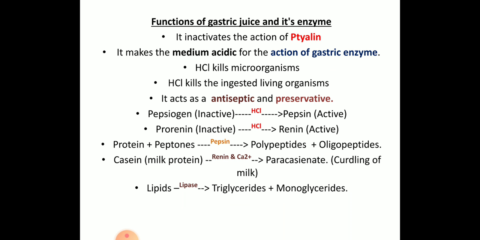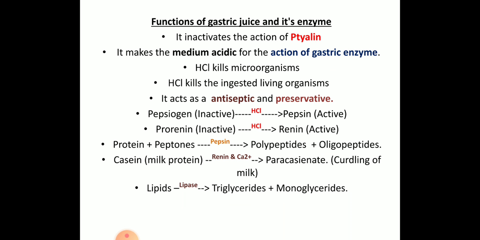For example, pepsinogen is an inactive form which will be activated in the presence of HCl, that is, converted into pepsin, the active form. Next, prorenin is converted to the active form renin in the presence of HCl.